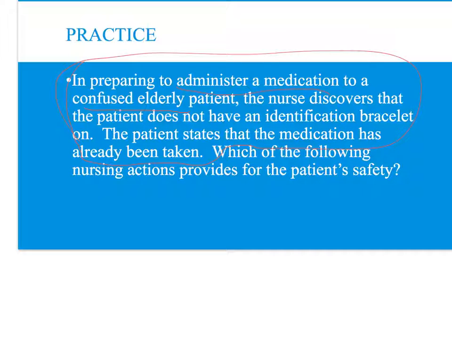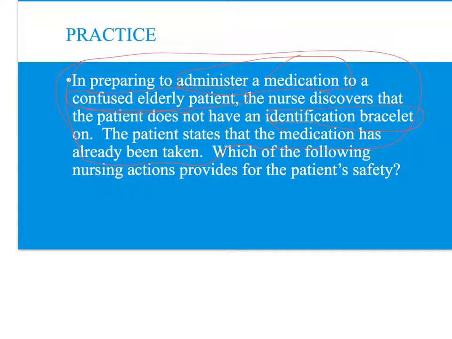So I'm getting ready to administer medication to a confused elderly patient. And so I begin to think about what that means. Safety is an issue with administering medications, especially if I'm getting ready to administer it to a confused elderly patient. And then the nurse discovers that the patient does not have an identification bracelet on. Again, a safety piece of administering medication.